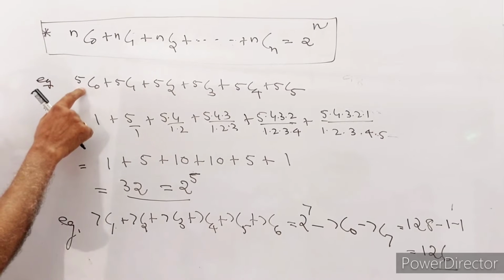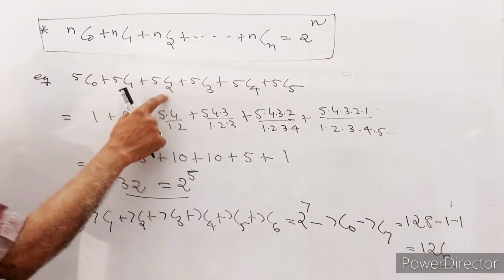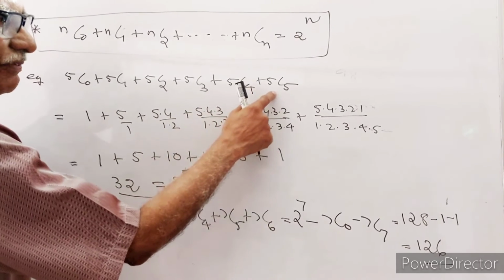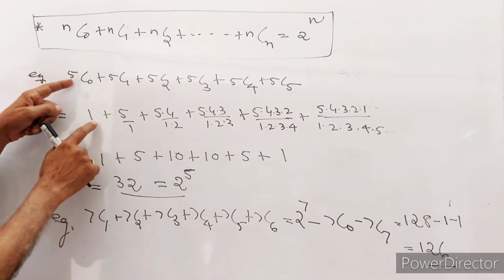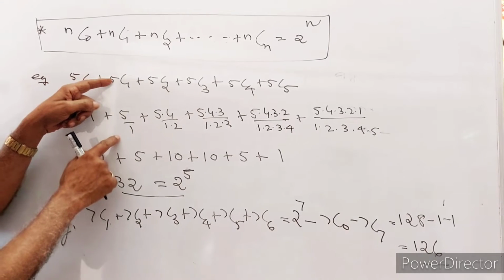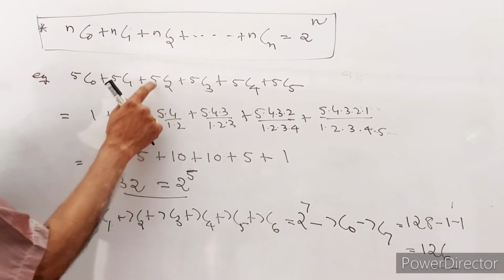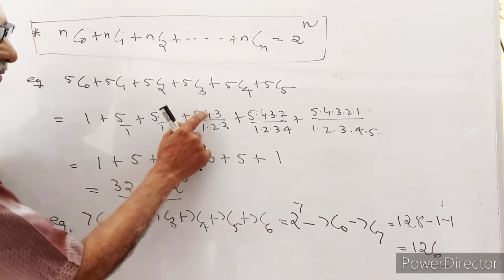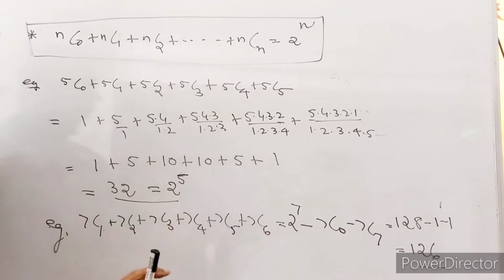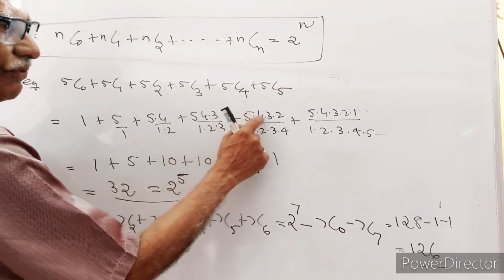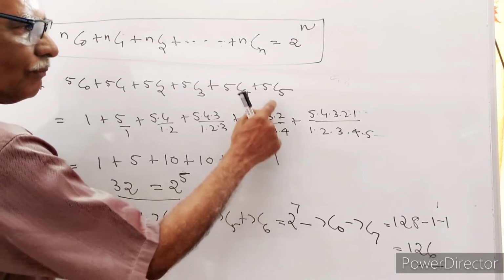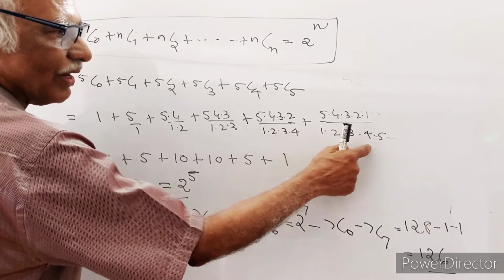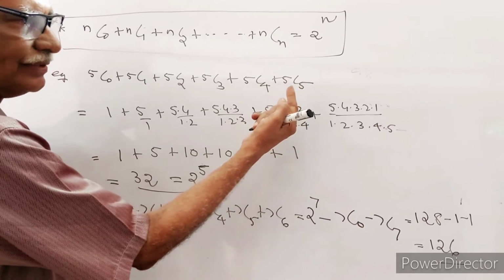Now for example, 5C0 plus 5C1 plus 5C2 plus 5C3 plus 5C4 plus 5C5 equals: 5C0 is 1, then 5C1 is 5 divided by 1, 5C2 is 5 into 4 by 1 into 2, 5C3 is 5 into 4 into 3 by 1 into 2 into 3, plus 5C4 is 5, 4, 3, 2 by 1, 2, 3, 4, plus 5C5 is 5, 4, 3, 2, 1 by 1, 2, 3, 4, 5. 5C5 is simply 1.